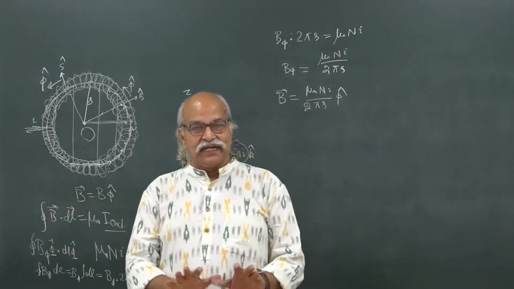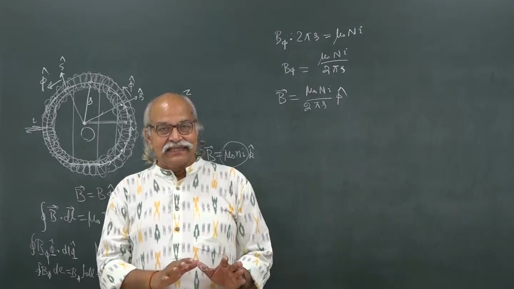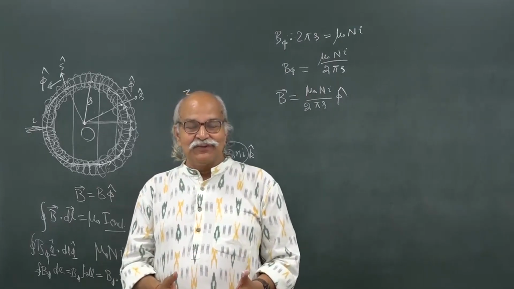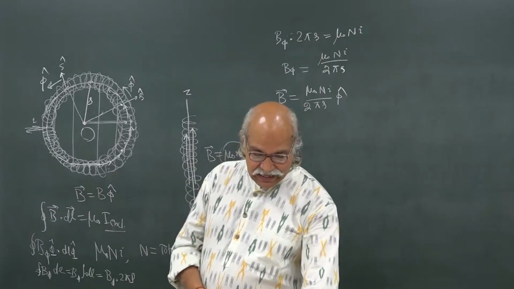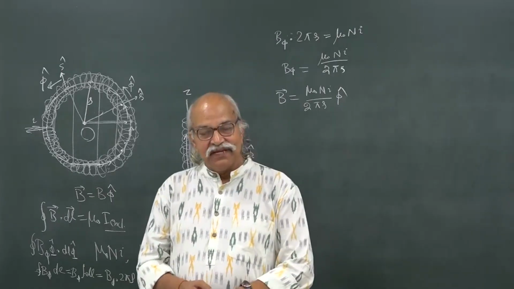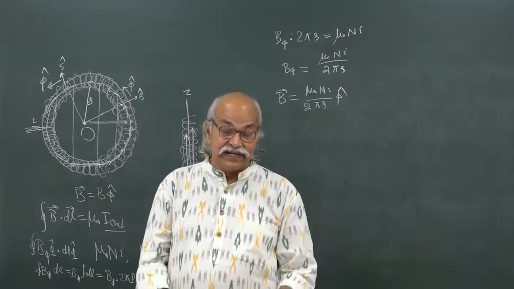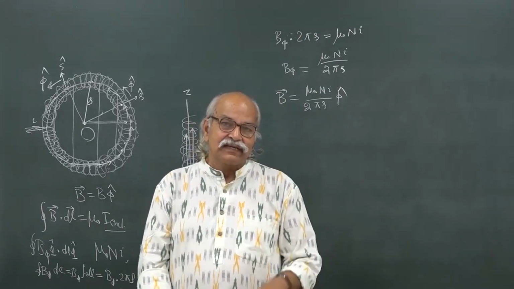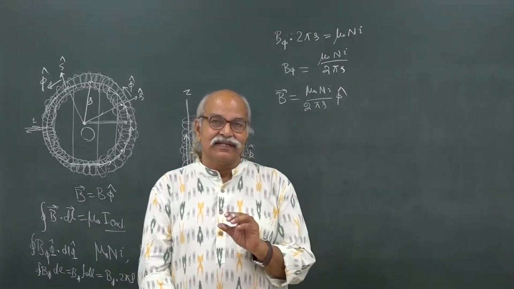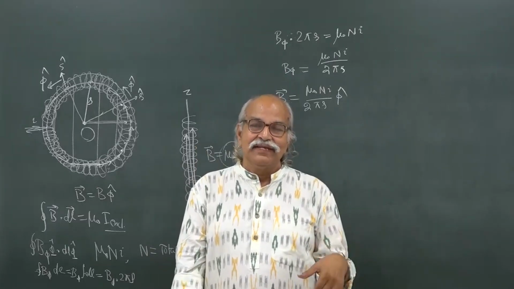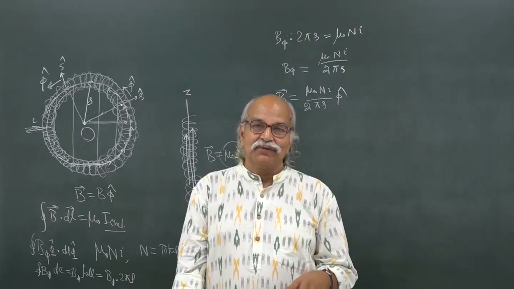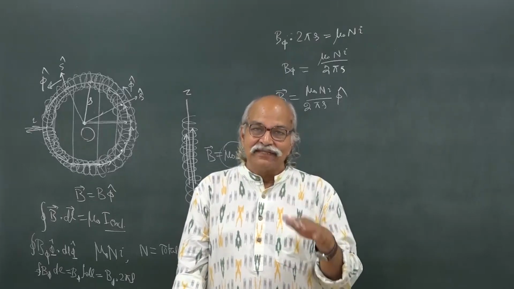Okay, so, that is all I have to do with calculation of magnetic field using Ampere's law. Now, the next thing is, if you have this magnetic field because of certain currents, then there are certain boundary conditions. In electrostatics also we have boundary conditions on electric field. In magnetostatics we have boundary conditions on magnetic field.